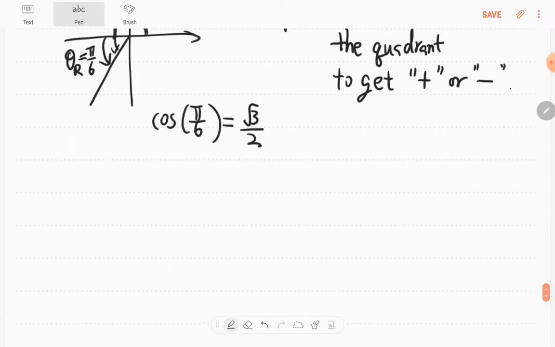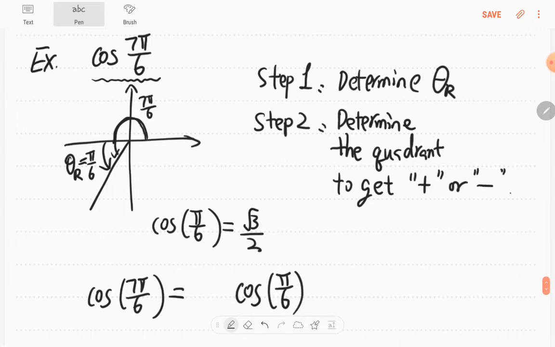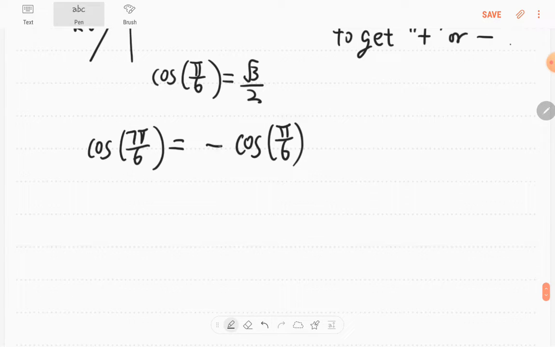Okay, so our cosine of 7 pi over 6 should be equal to, let's look at it, the absolute value should be equal to this one, right? But it's in the third quadrant. The terminal side is in the third quadrant. In the third quadrant, cosine is what? Negative, right? So it would be negative. So it's equal to negative square root 3 over 2.